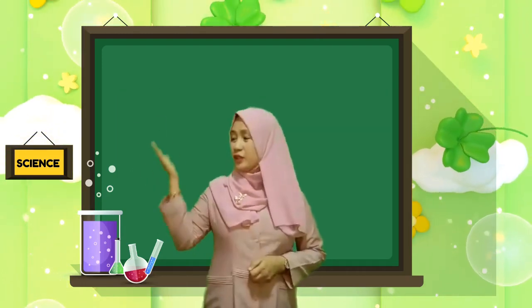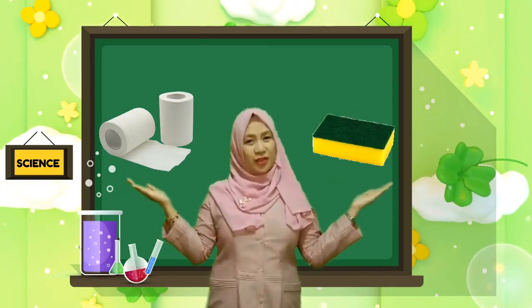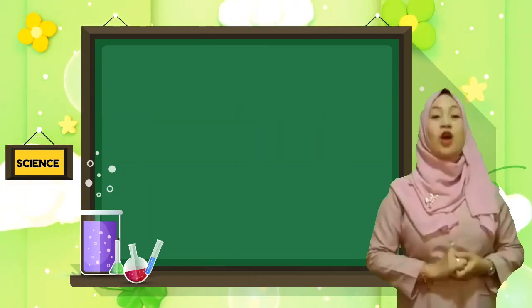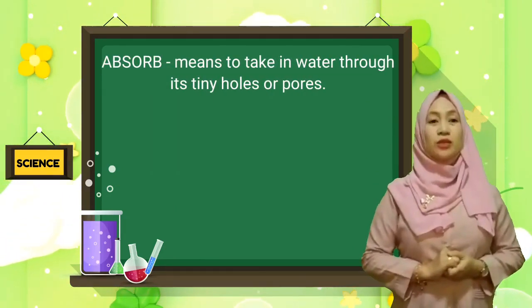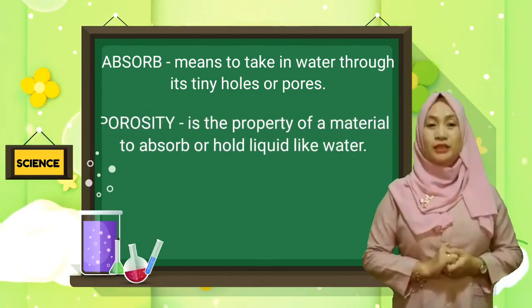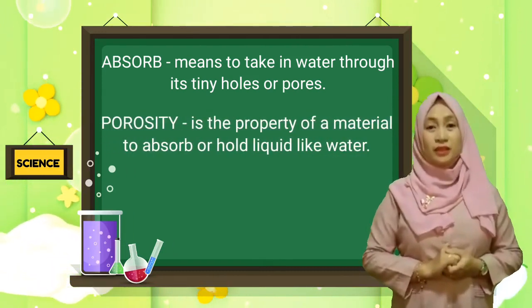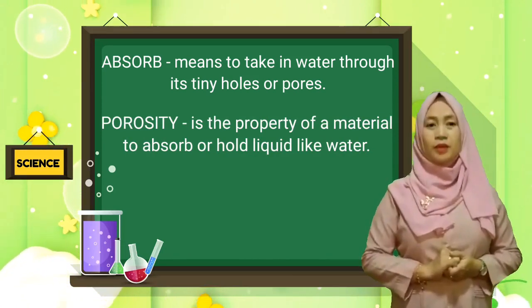Very good! Alhamdulillah! A tissue paper and a sponge can absorb water. When you say absorb, it means to take in water through its tiny holes or pores. Porosity is the property of a material to absorb or hold liquid like water.